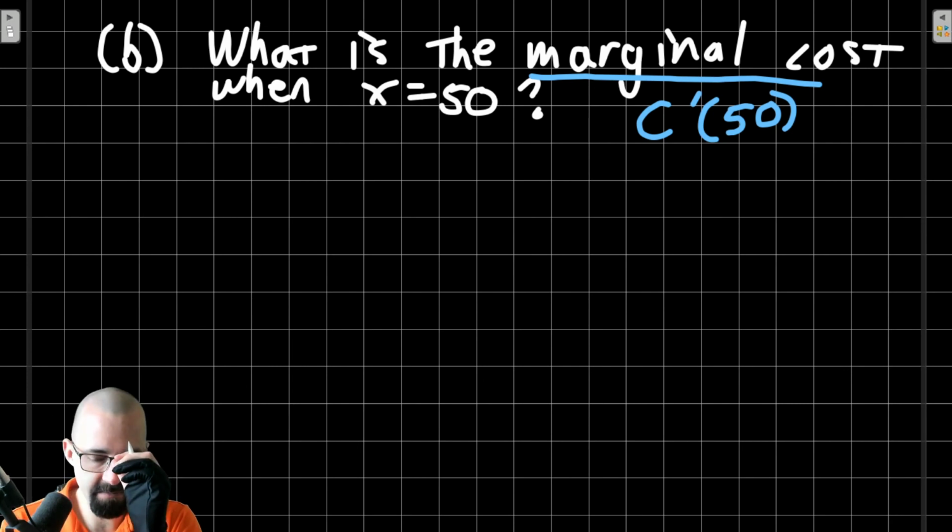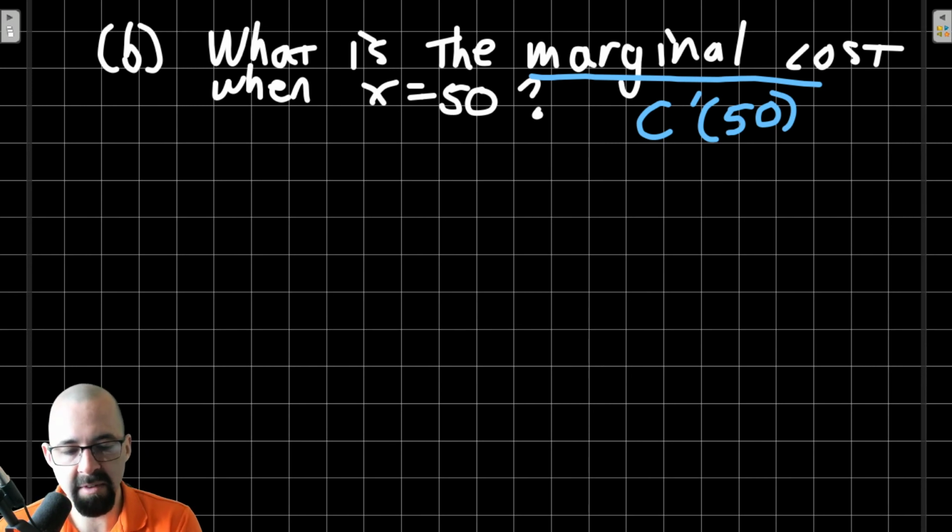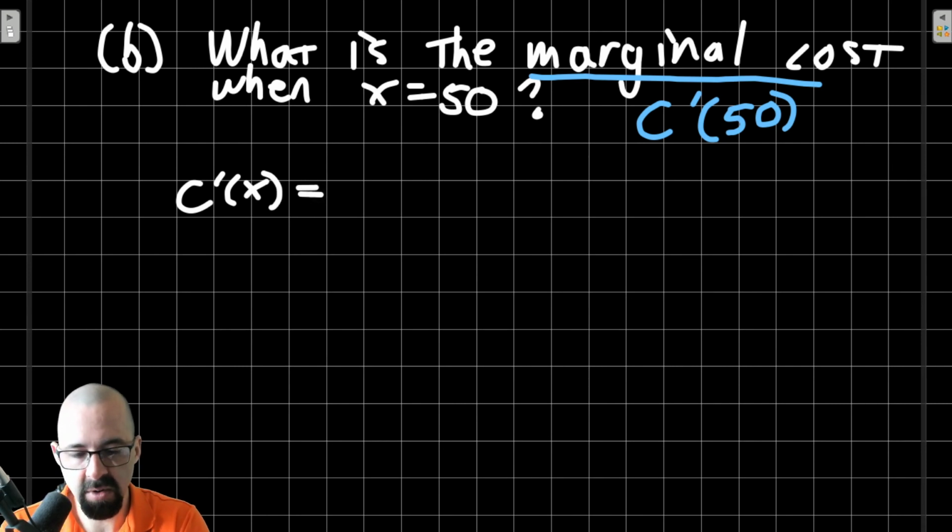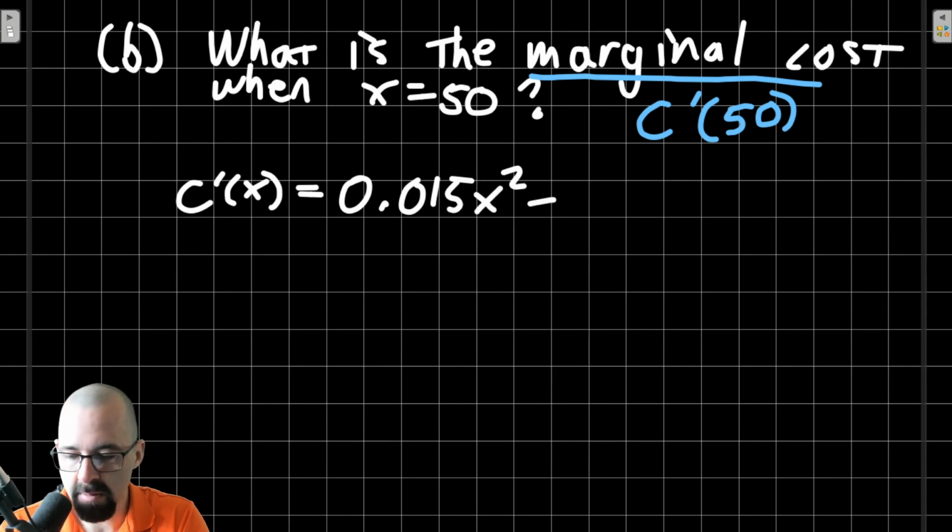All right, so what we're going to do over here is find c prime of x and plug in 50. We'll use the power rule again: c prime of x is 0.015 x squared minus x plus 28.